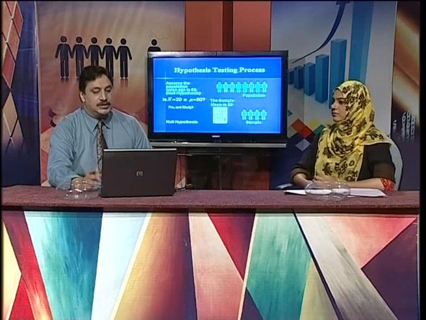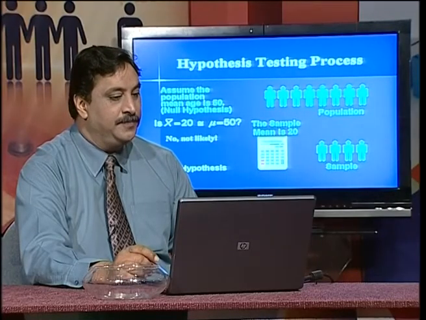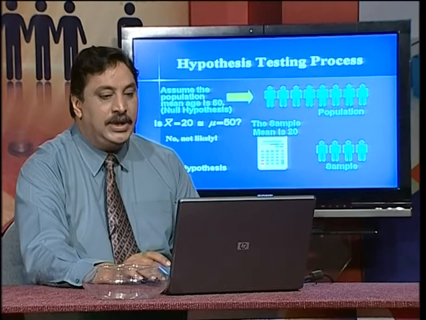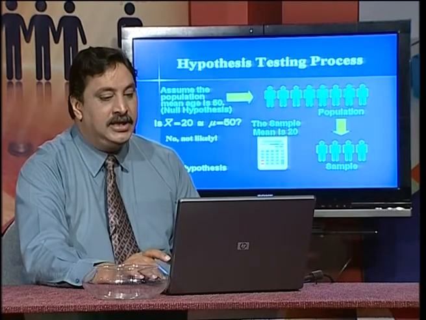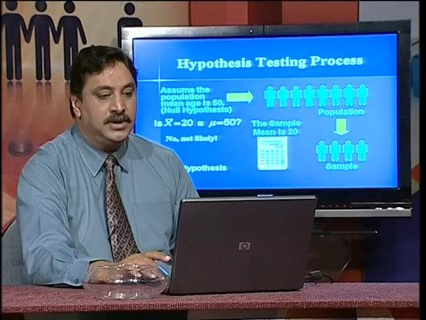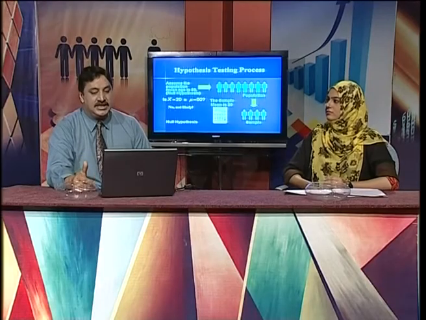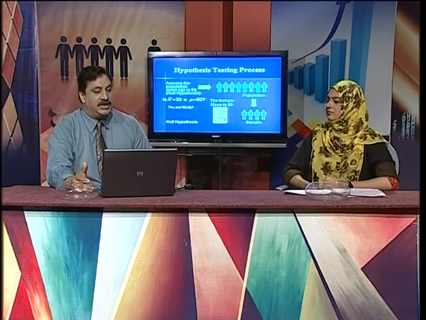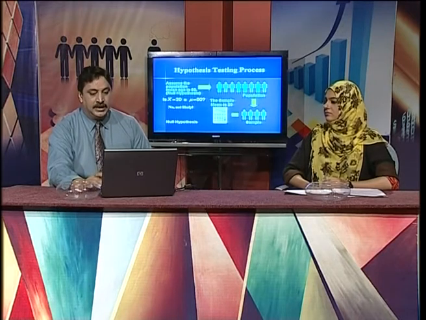Yes. I also give this example: suppose we have a population of 50 people and assume the population mean age is 50. We take a sample of 20 persons and the sample mean age of the 20 persons is 20. This is basically the sample statistic, and we try to test this 20 years of age with reference to the population mean age of 50.